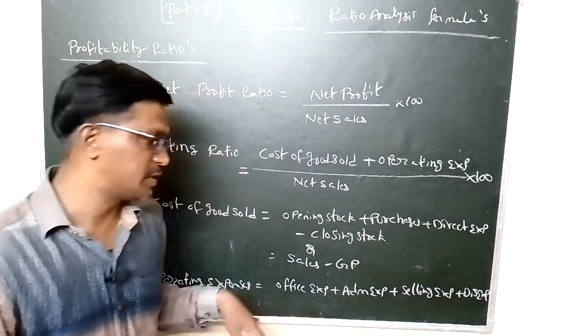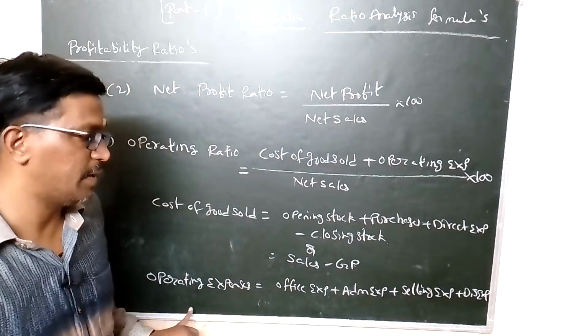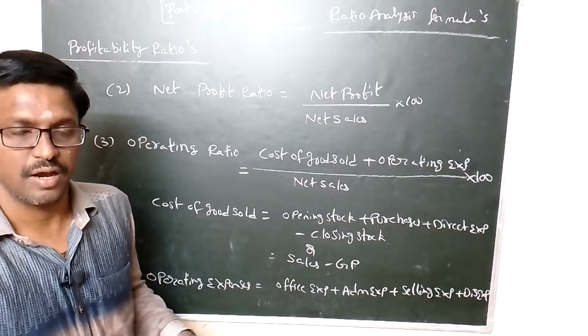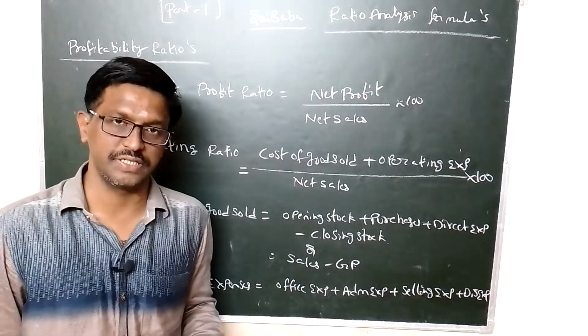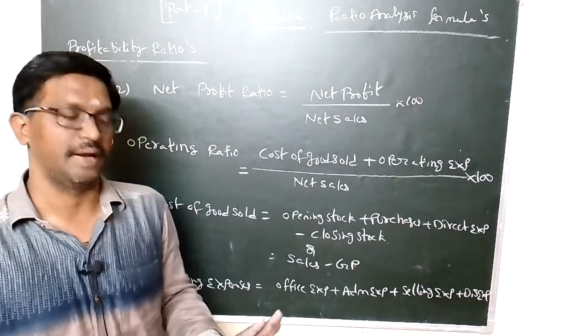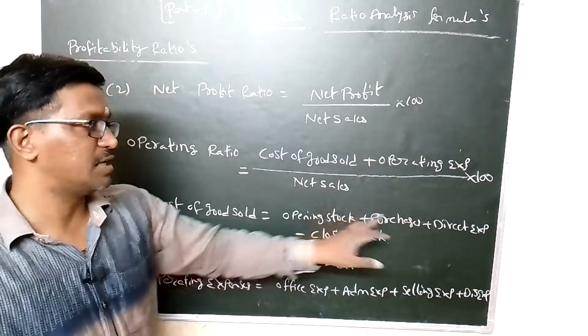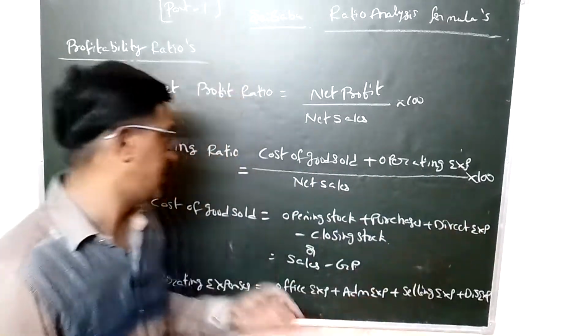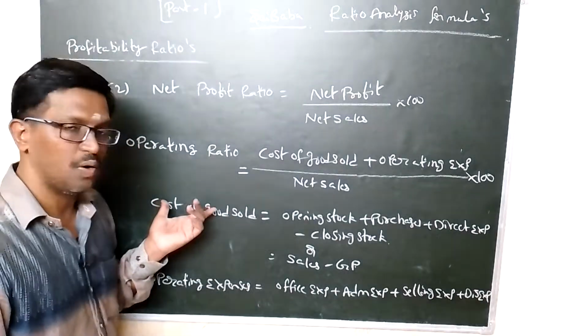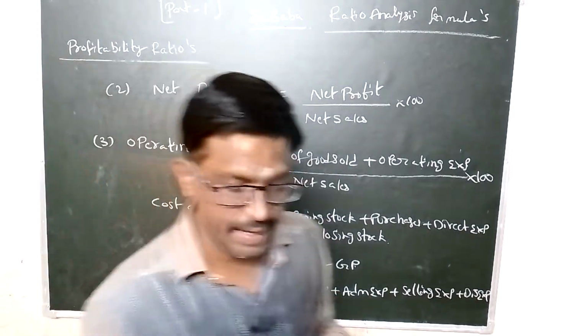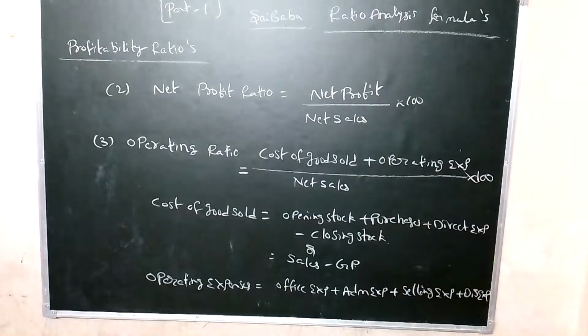All these are added to operating expenses, but not non-operating expenses like depreciation and bad debts. So cost of goods sold plus operating expenses by net sales into 100 gives the operating ratio. Next point.